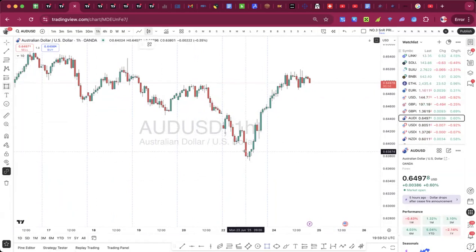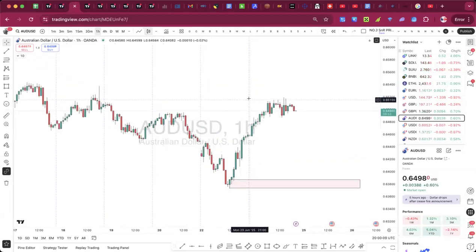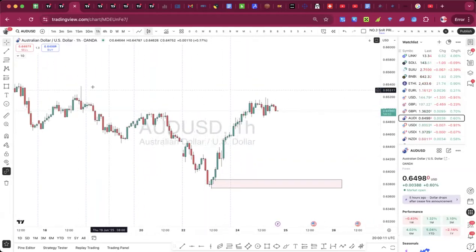If things are going to favor the US dollar today or tomorrow, that's going to give us a very nice selling opportunity for so many markets that have moved very well.